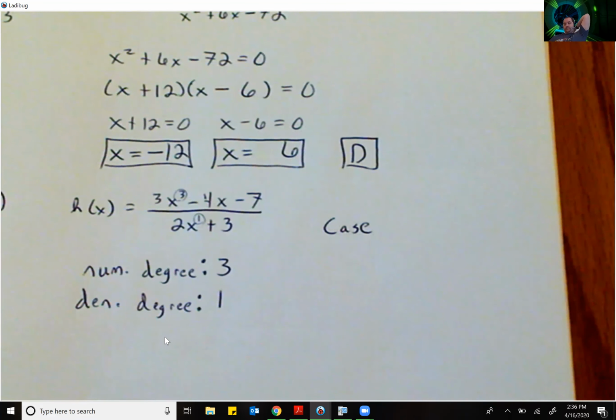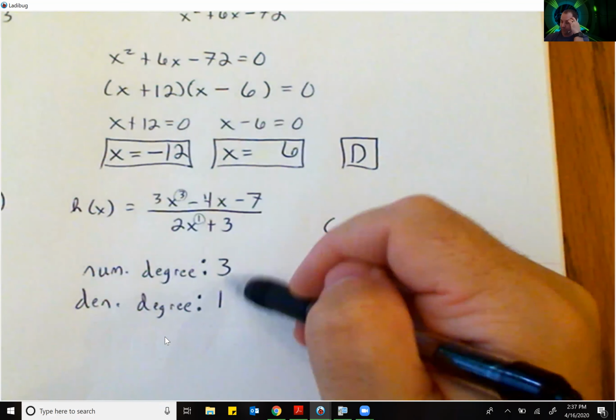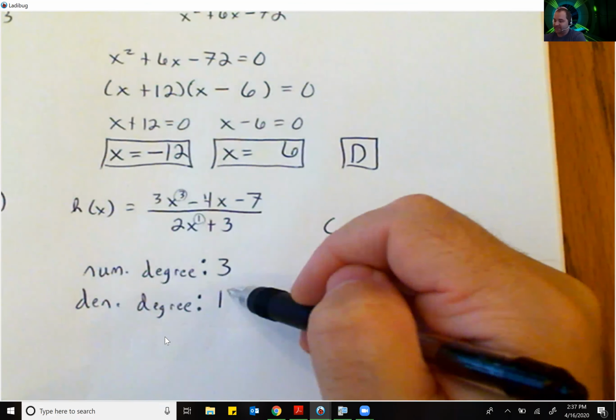Case 2 is when they are equal, so you look at the leading coefficient. Case 3 is where your numerator degree is bigger than the denominator by 1, which is oblique. This numerator is bigger than the denominator by 2. This is a case 4.